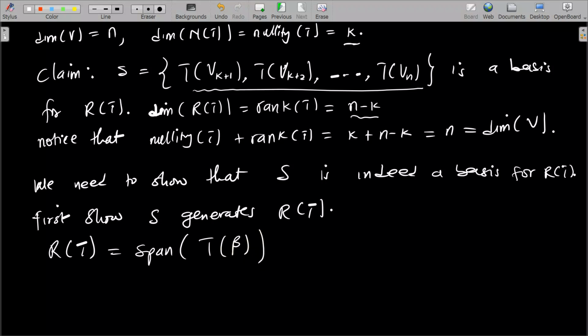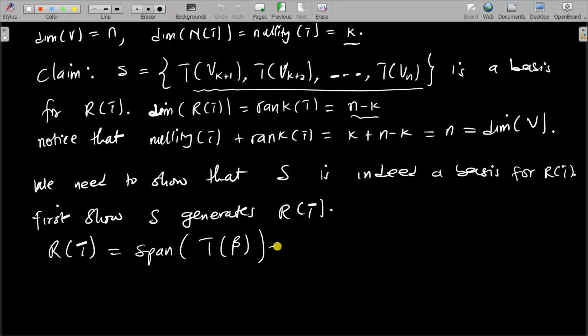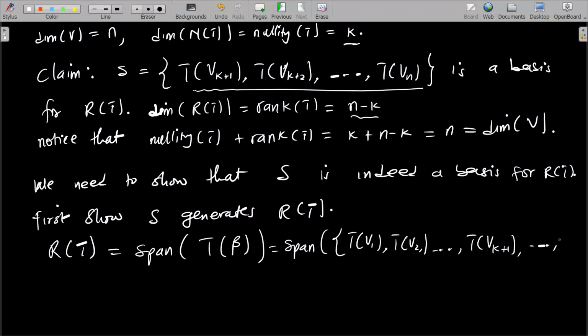What do I mean by this? We know that beta is the set of vectors that forms the basis for V, and given the basis of V, the range of T is equal to the span of all those vectors. So that's going to be the span of T of v1, T of v2, all the way to T of v sub k plus 1, and you go ahead T of v sub k plus 2 all the way to T of vn, right? The span of this.